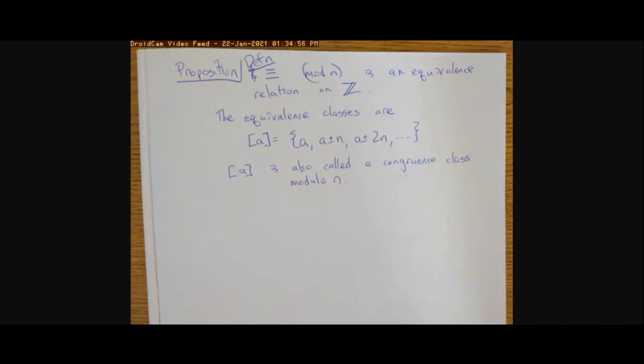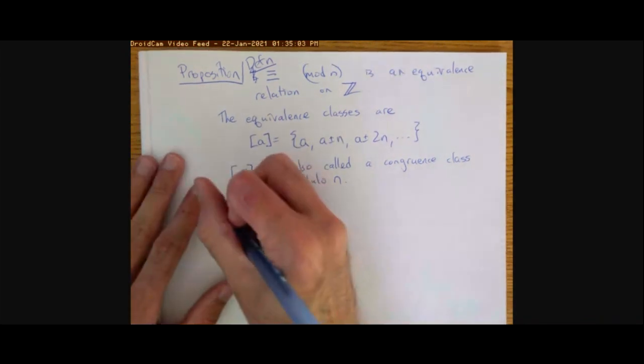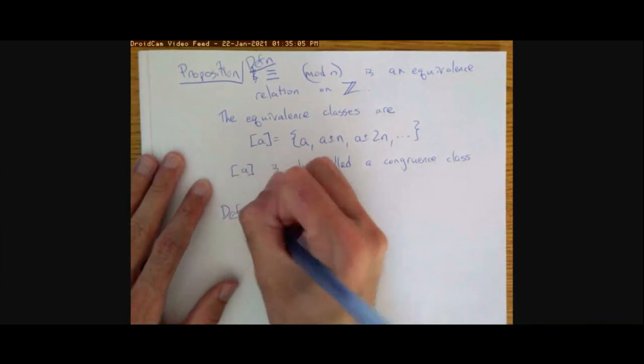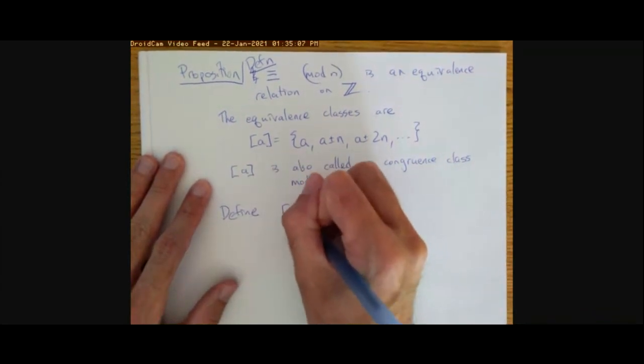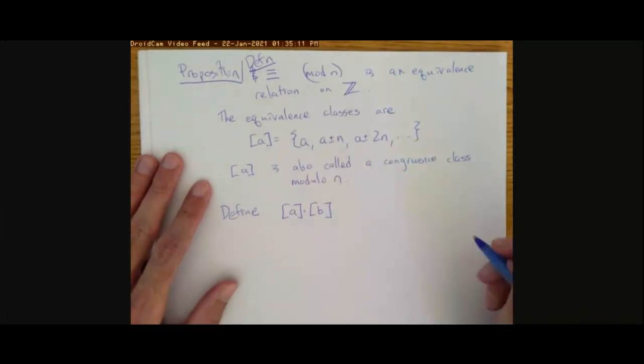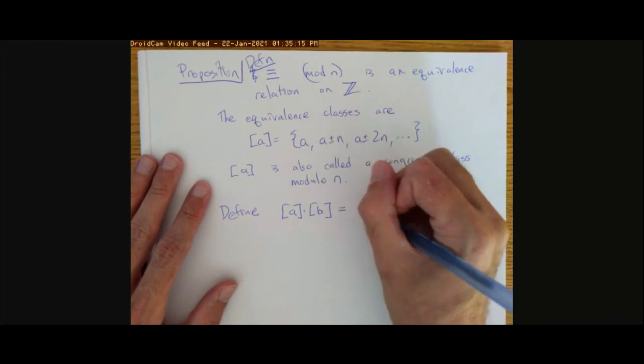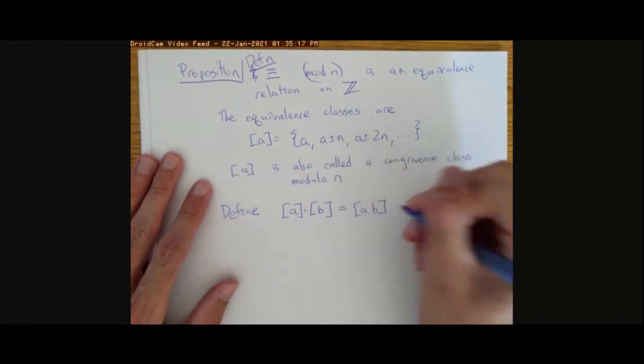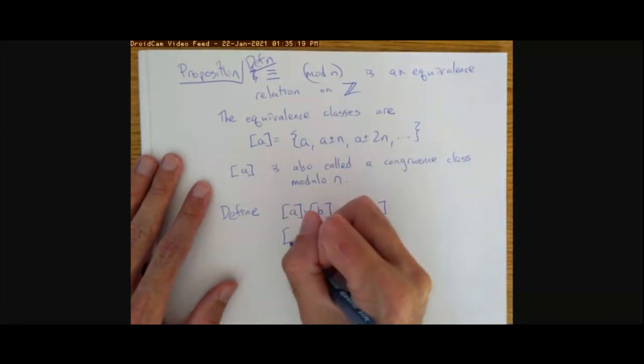And because we can multiply and add things in the integers, we can do the same thing for congruence classes. Define the congruence class of A times the congruence class of B to be the congruence class of AB.